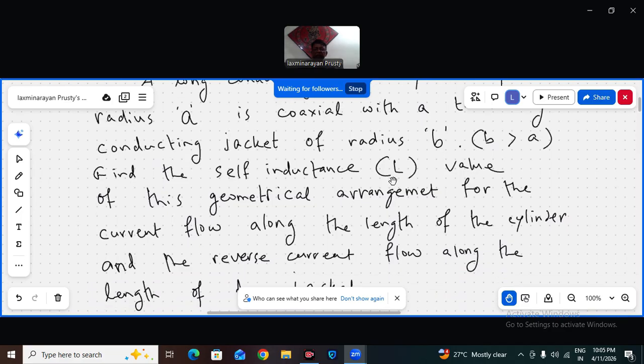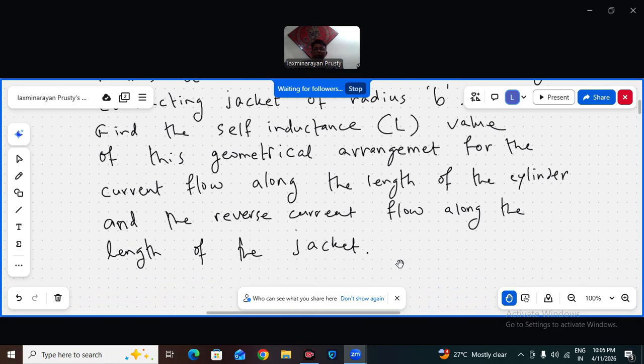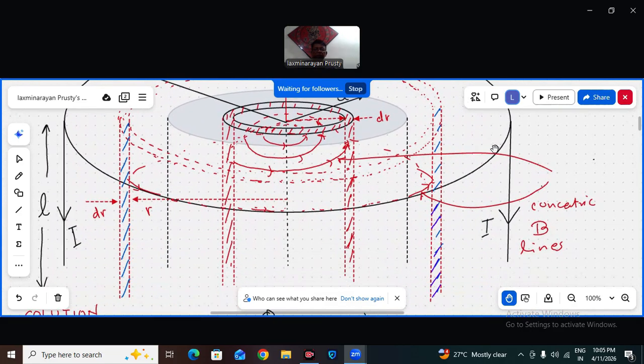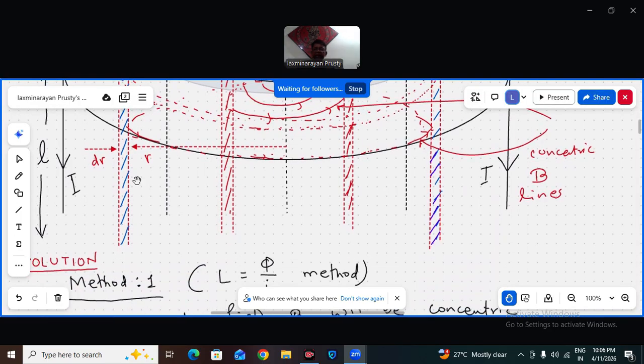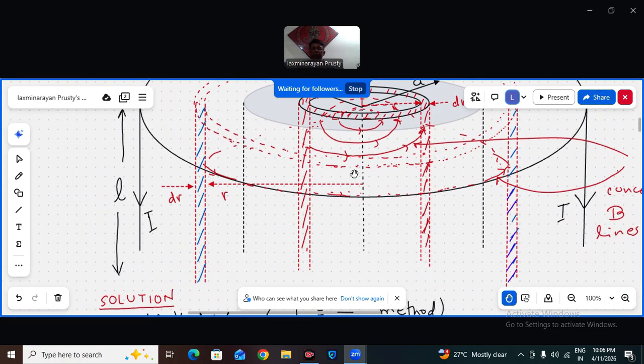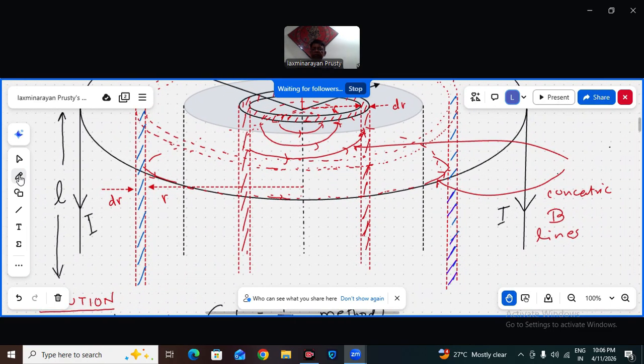Find the self inductance L, that is value of this geometrical arrangement for the current flow along the length of this cylinder and the reverse current flowing through the walls of the jacket. This is the jacket. ये लिख देंगे भाई, ये जैकेट है. ये है आपका जैकेट.